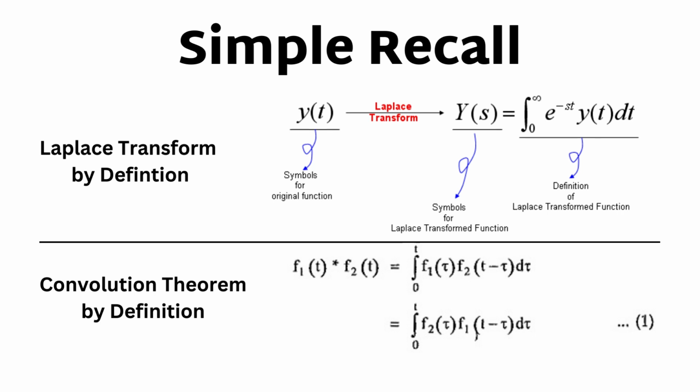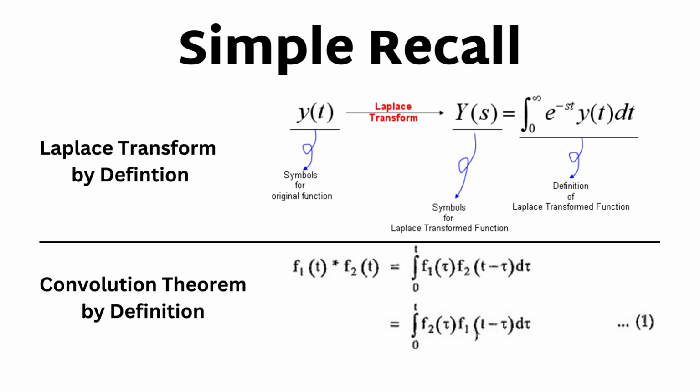And when you do the Laplace transform, you multiply e to the negative st, then integrate it from 0 to infinity.